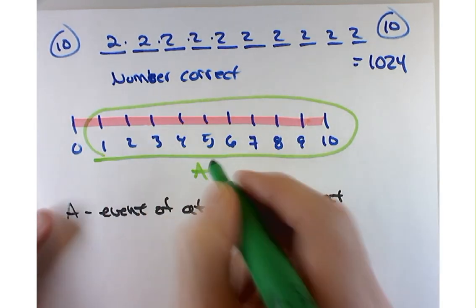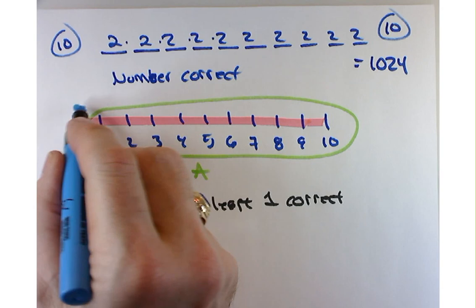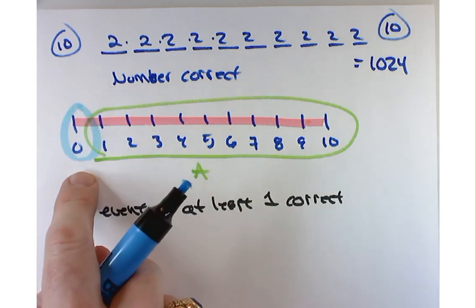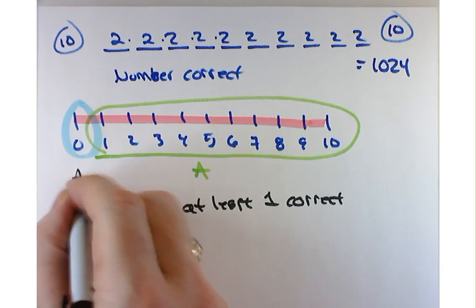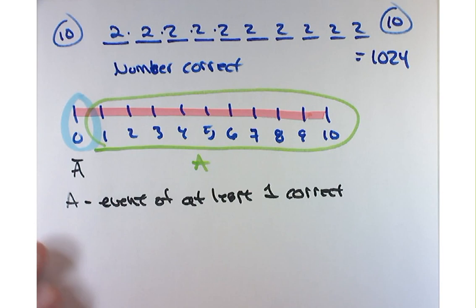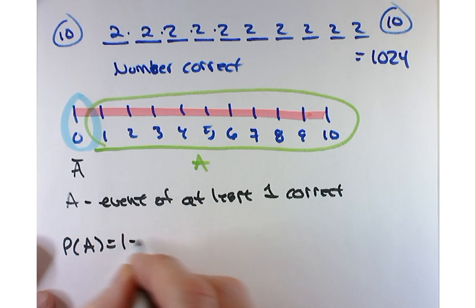That's event A. But I left one off. What's this here? A bar. Nice. So that's A bar. So probability of A equals 1 minus the probability of A bar.